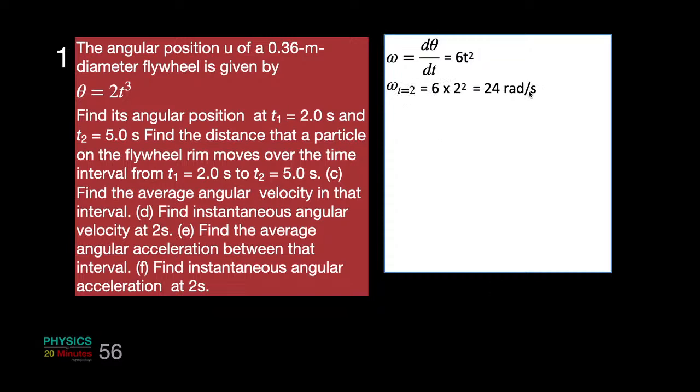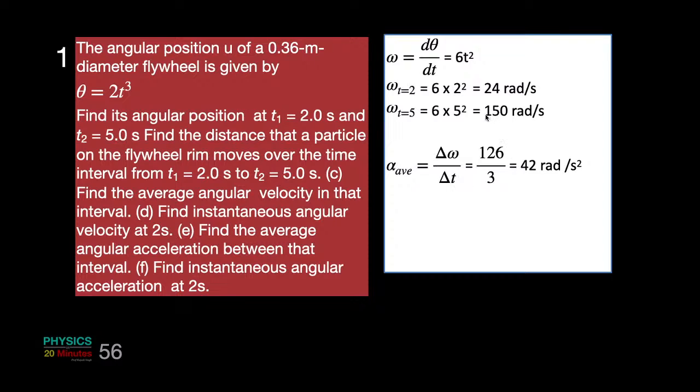Now once you get 24 radian per second, I can calculate omega at t is equal to 5, which is 150 radian per second, and that can give me the average acceleration between that interval. So the average acceleration is change in omega upon change in time.